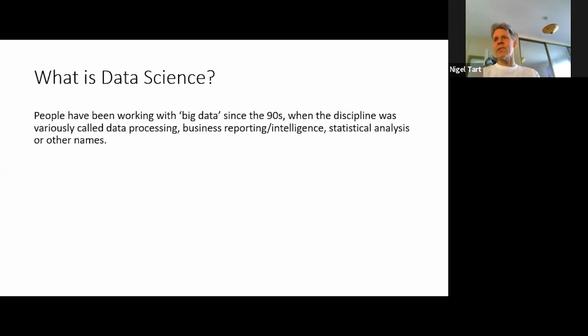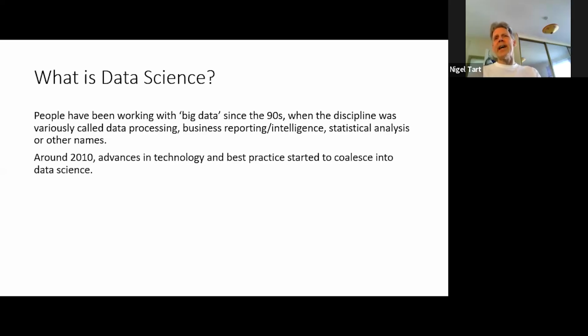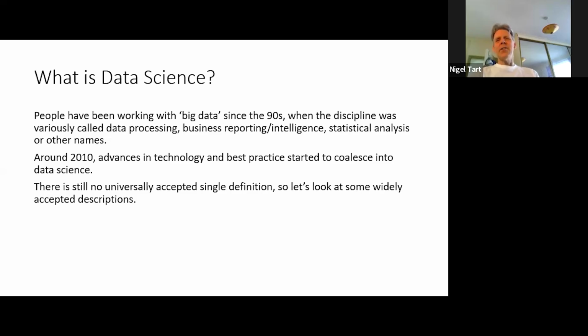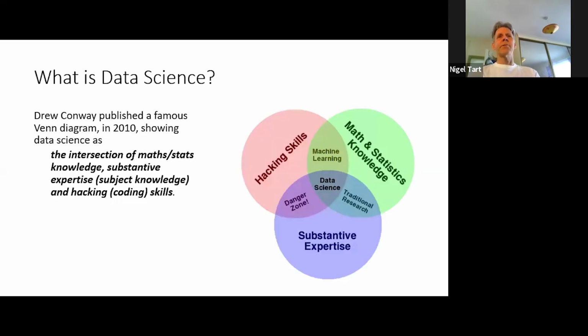Then around 2010, the technology advanced far enough that it started to coalesce into what we now call data science, and the term was born around then. There's still no universally accepted single definition, but lots of people have had a good go at describing it. So we'll have a look at a few of those.